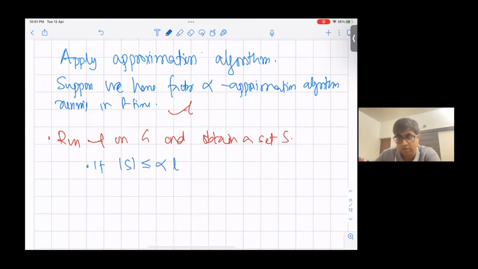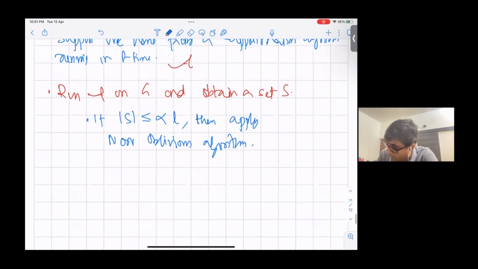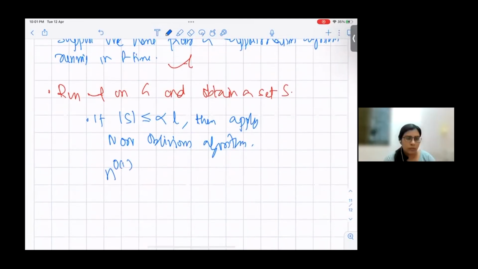Now we can apply our old idea and look at all possible subsets of this, then apply the non-oblivious algorithm. Excellent. So in this case, my running time is 2 to the power alpha times L, times n to the power big O of 1, because that's what we took.